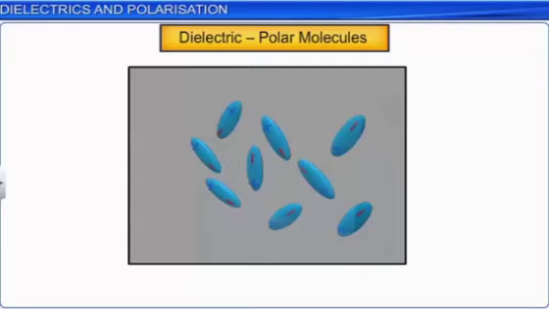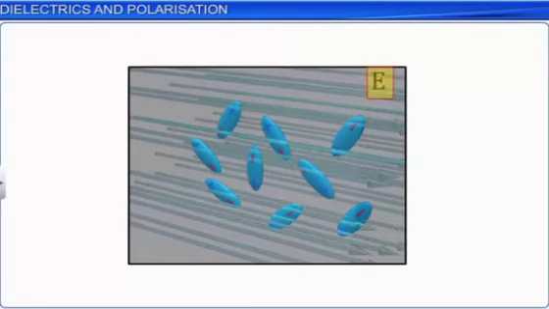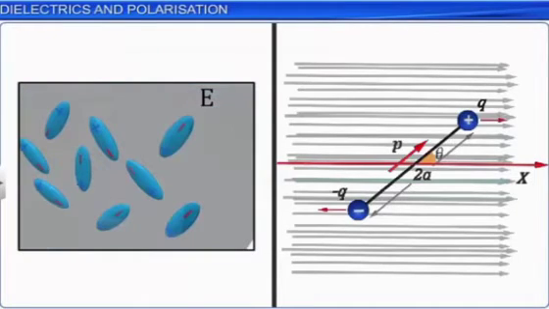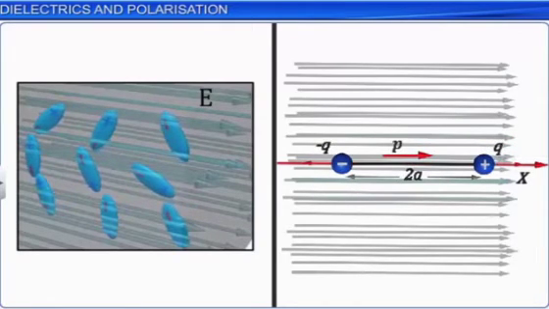Now when they are placed in the uniform electric field of strength E, we know that every dipole in it experiences a torque, which rotates the dipoles in such a way that they align in the direction of the electric field.